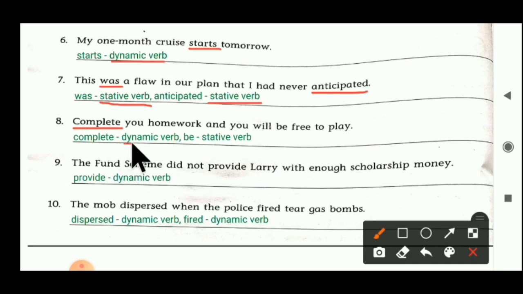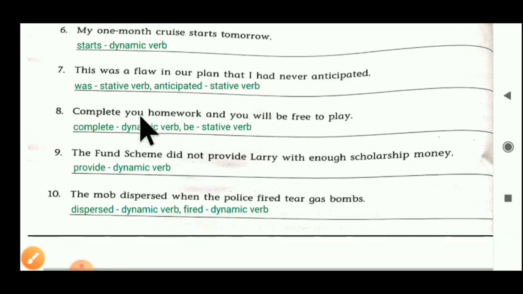So we can say that complete is a dynamic verb here. The second verb given here is be. Be is a linking verb, or we can say that it's a stative verb. Now next number, 9th, we have to study about it.